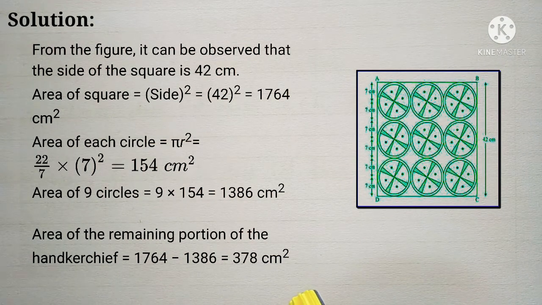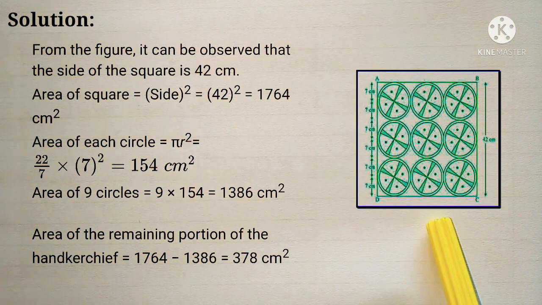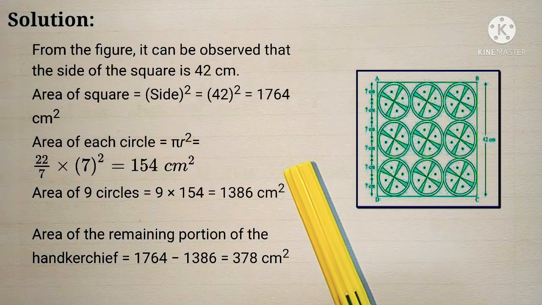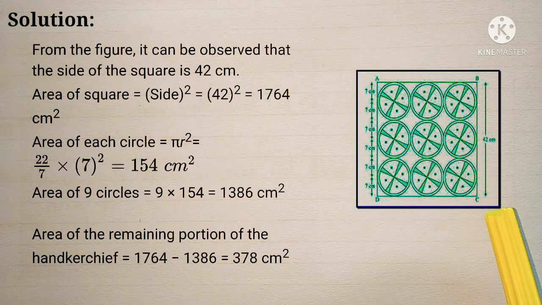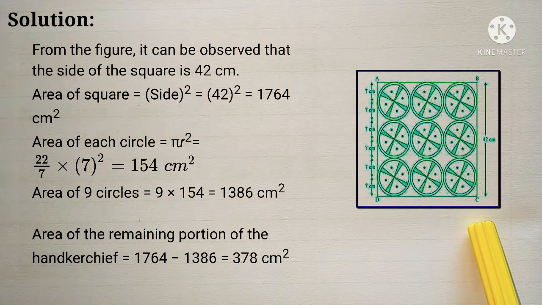After that, as we know, we have to subtract the area of the circles. First of all we find the area of one circle. The formula for the area of a circle we know: pi r square. In place of pi we put 22 by 7, and in place of r, the radius, we know how much is given? 7, so 7 square.